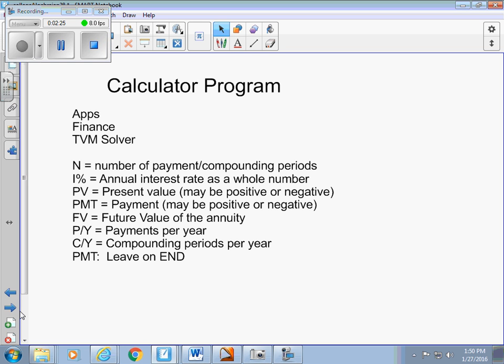Those of you going into the accounting or finance fields or any business field, marketing, you'll have to take the basic accounting class, any of those business fields. They will tell you to buy a financial calculator. This is what the financial calculator does. So if you already have a TI-84, you shouldn't have to buy another financial calculator as long as you know that this is built into your calculator and it works.